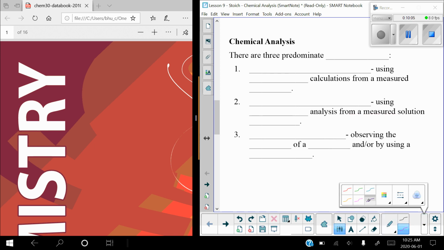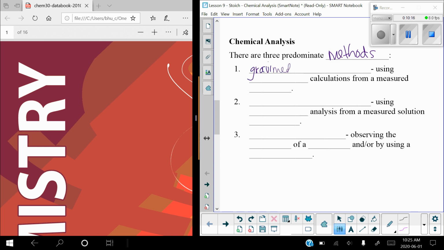The first one is gravimetric analysis, using Stoich calculations from a measured mass. So this is how we started off the stoichiometry unit.